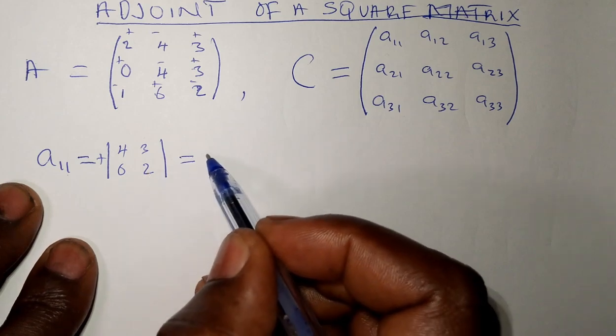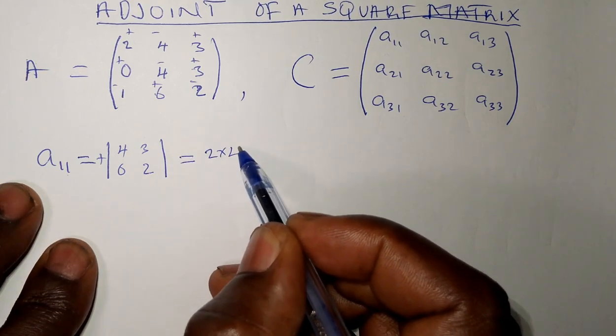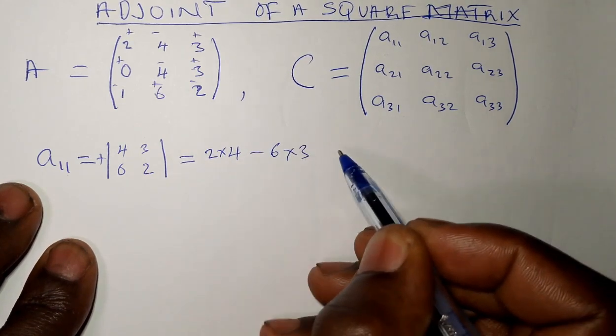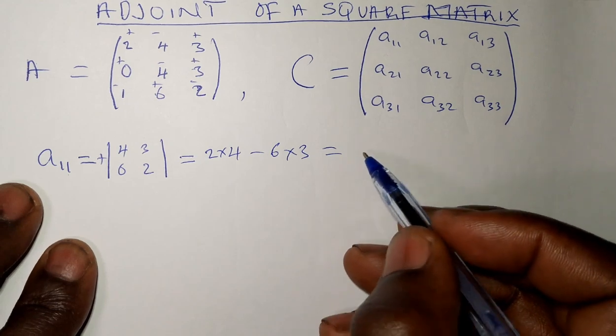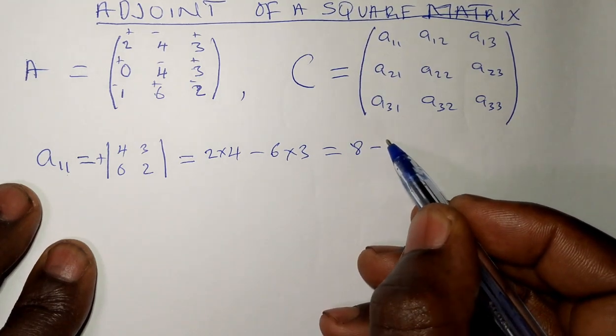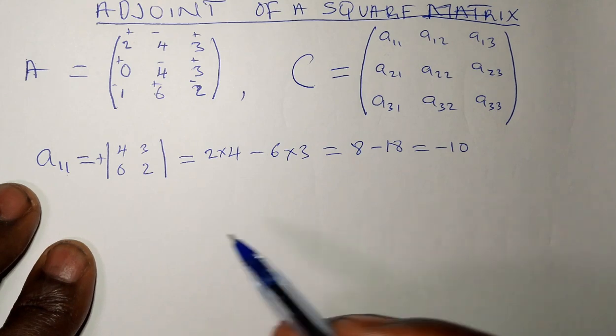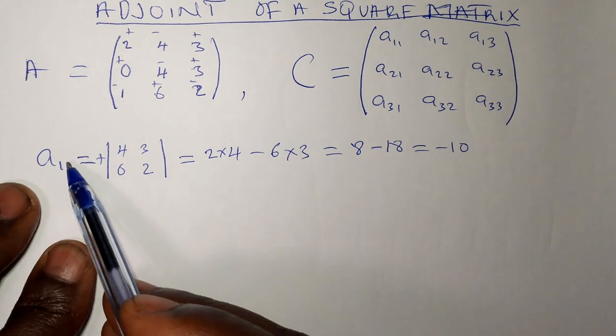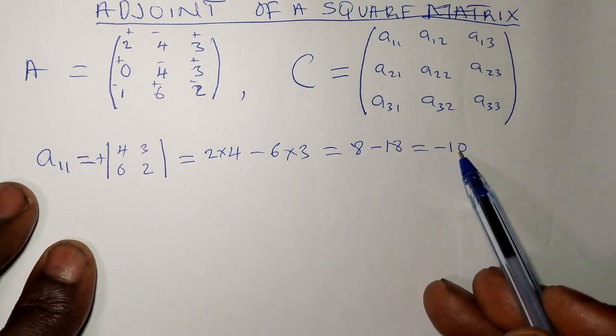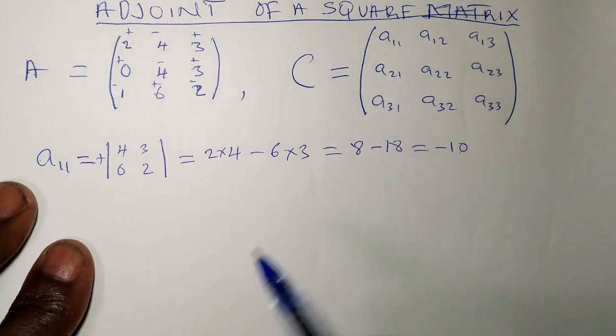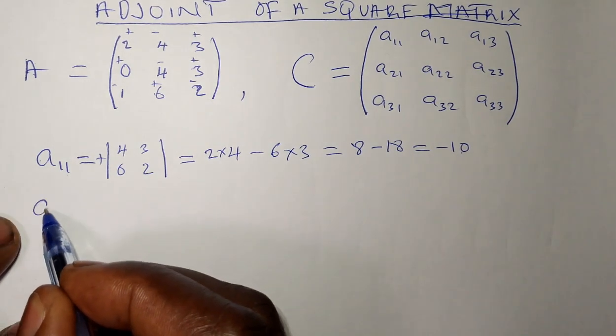The determinant of this will give us the same thing as 2 times 4 minus 6 times 3, which is the same thing as 8 minus 18. 8 minus 18 is minus 10. So we have the cofactor of A11, which is minus 10.